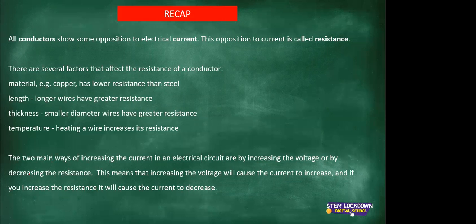Understand? So there are two different things here. Decreasing the resistance means you're increasing the current, but increasing the resistance means you are decreasing the flow of current.